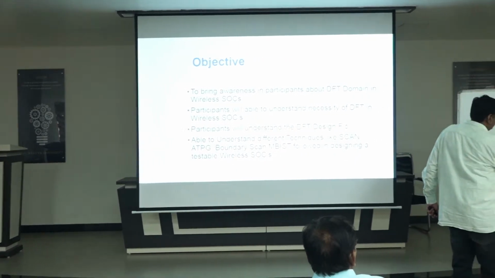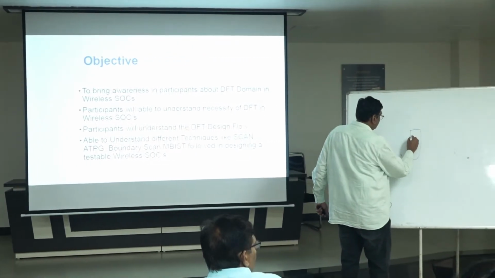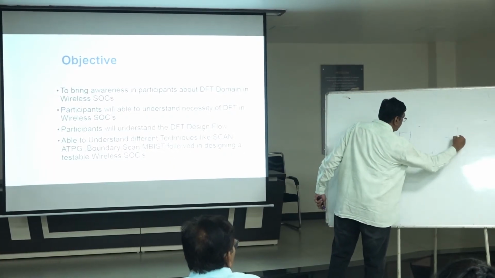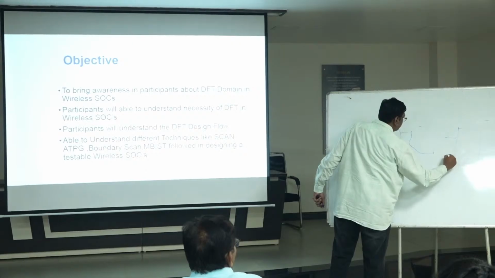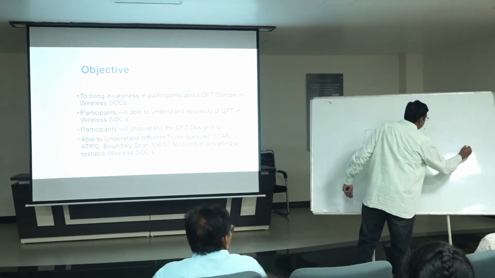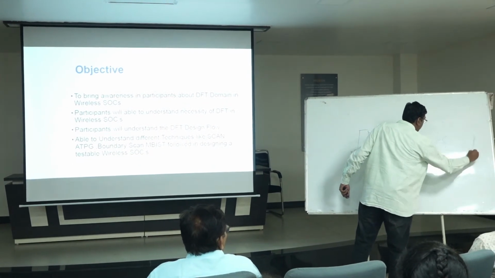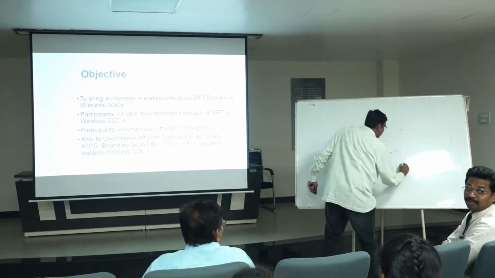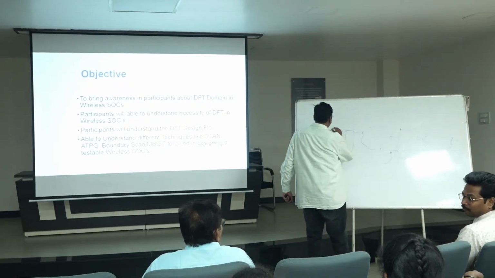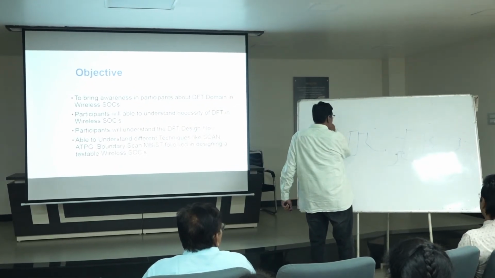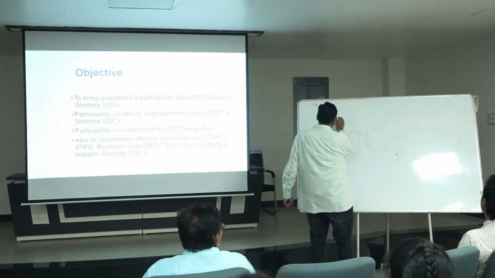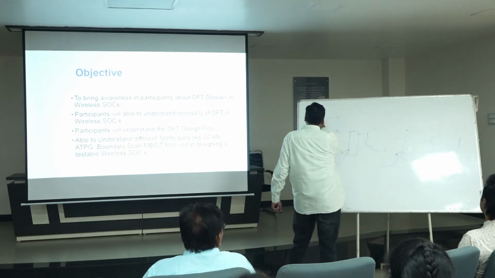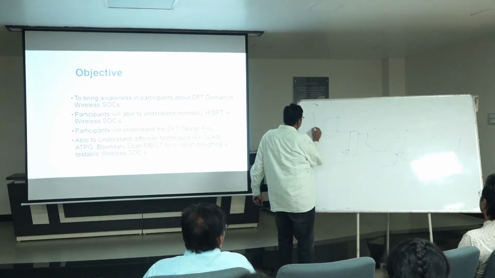Generally RTL will be a flop, then combinational logic, then a flop, and again combinational logic and a flop. All these flops are connected to a clock, with D inputs, and some glue logic, combinational circuits, in between. Finally, the inputs: this will be the chip boundary.